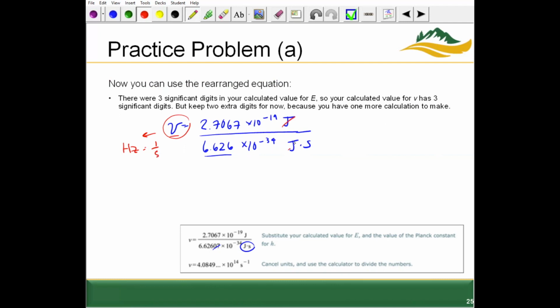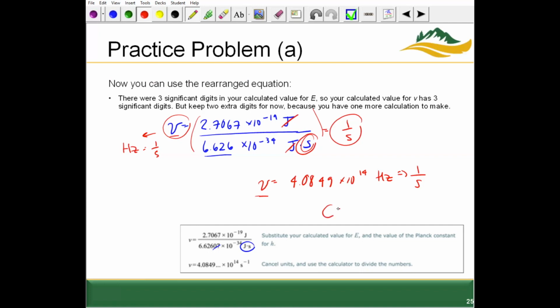So here joules and joules cancel out, so then we are indeed left with the correct units of 1 over a second. This number comes out to 4.0849 times 10 to the 14th, same thing as a hertz, same thing as a 1 over second. Now we know the frequency.